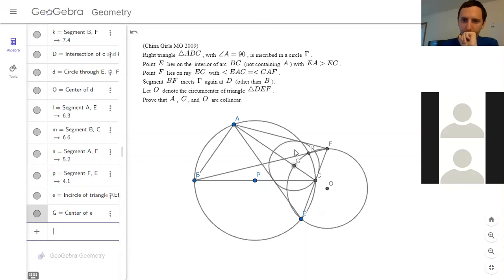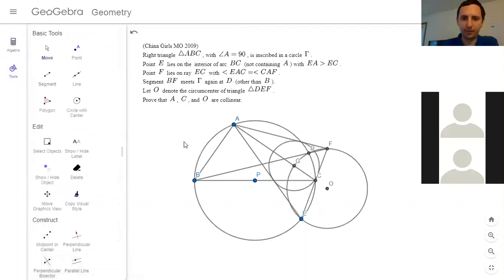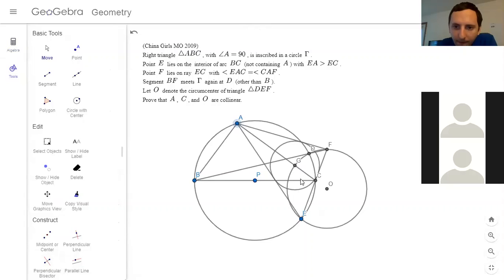So it looks like it's the intersection of AC with that arc. Maybe that's like an angle chase or something. So if we let AC meet the circle at point G, can we show that G is the in-center?